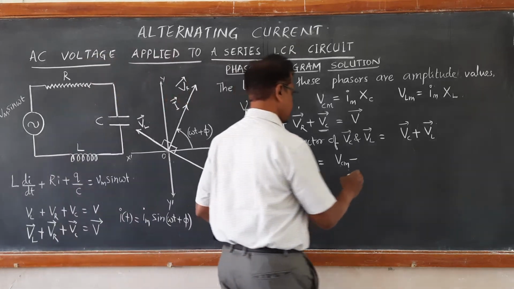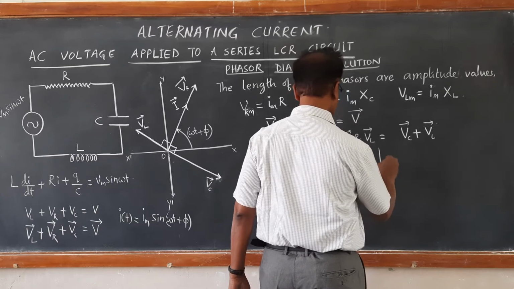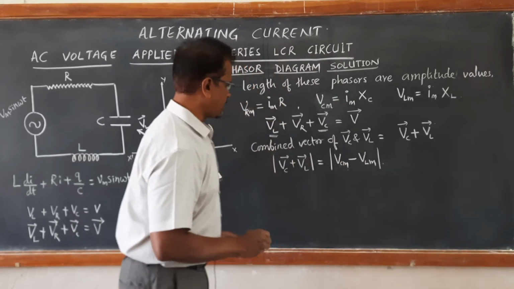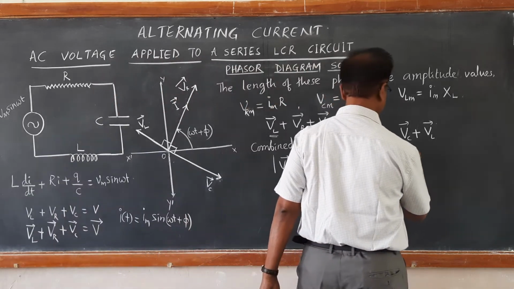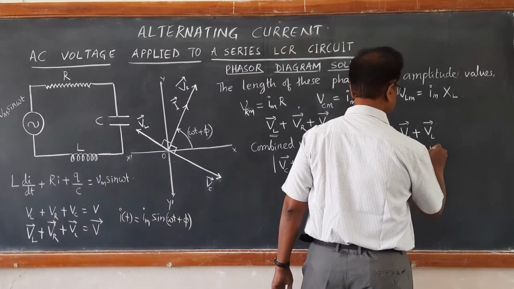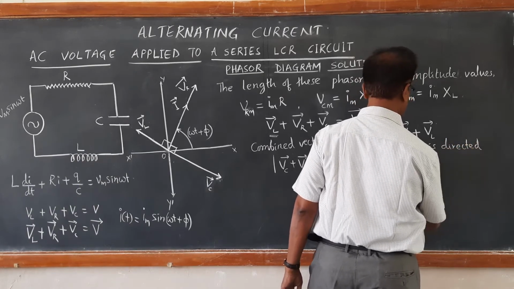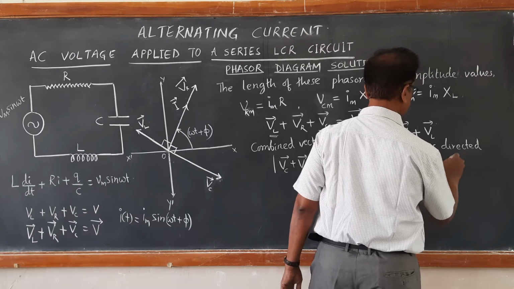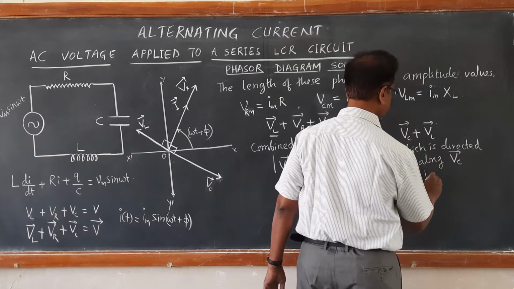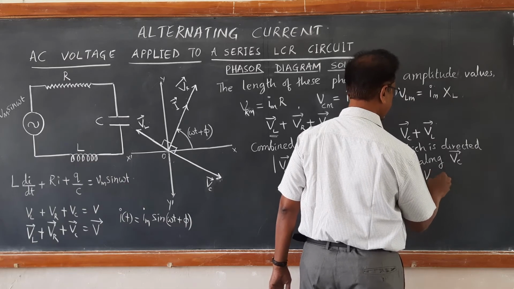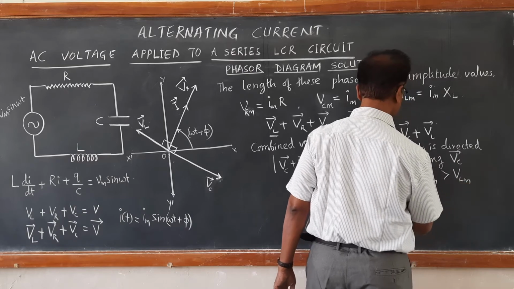This is the magnitude, and the direction is along VC, because we have taken VCM greater than VLM.